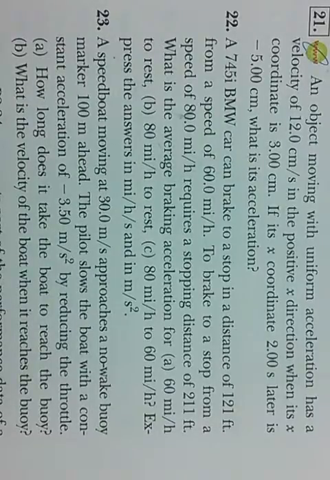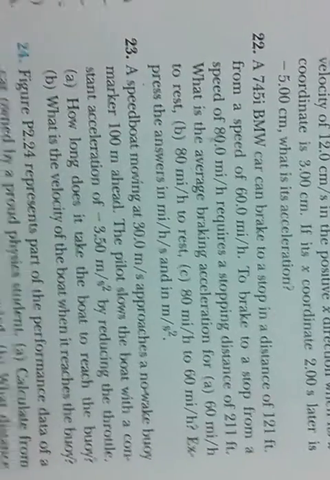And they want you to express the answers in miles per hour per second and in meters per second squared. So this problem is a bit of a pain, but we can do it. For this one, let me zoom out.